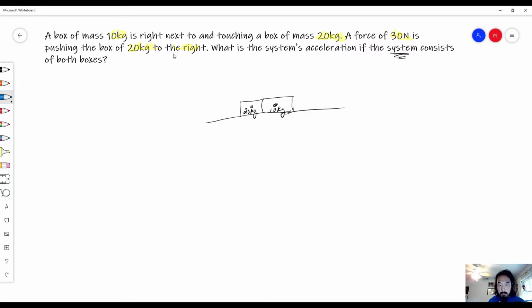I'm going to put this in blue so that it's easier to see, and we'll call this F1, which is 30 newtons. I'm going to do the free body diagram for both objects. We have F of n, and F of g, and F of g.